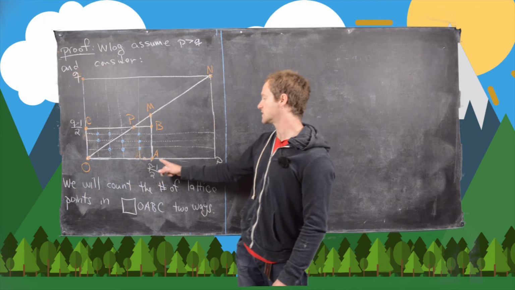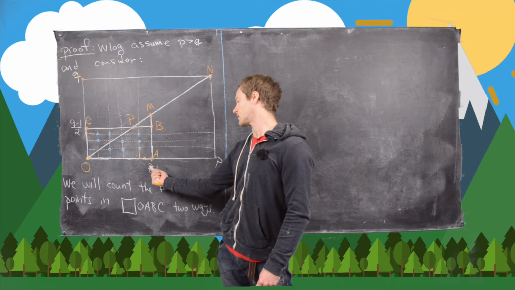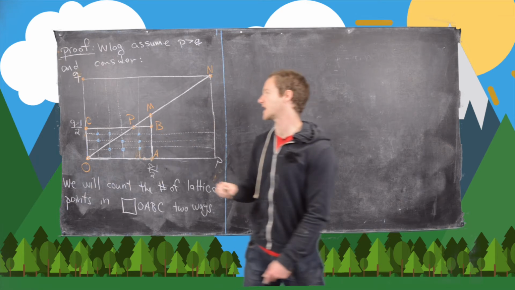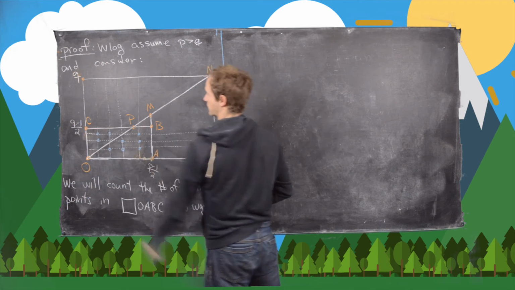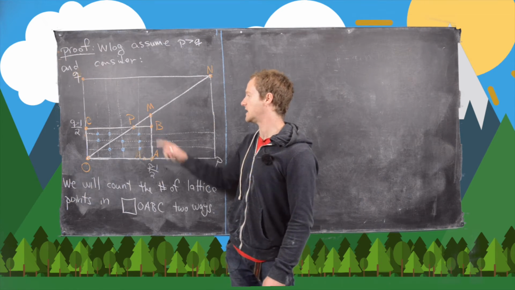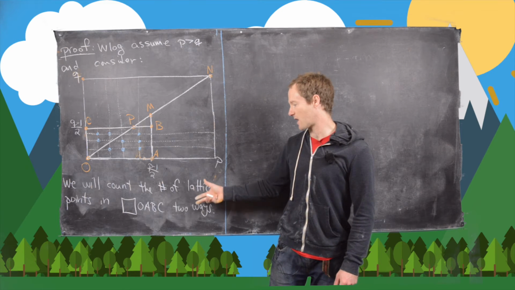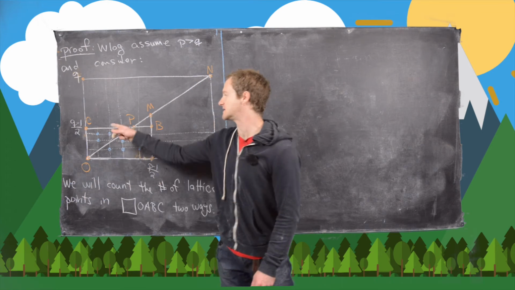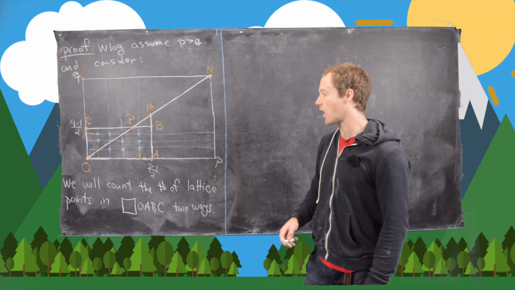Good. And then we also want a perpendicular line up from (p minus 1)/2 to intersect at this point M. Good. And then this perpendicular line out from (q minus 1)/2 is going to intersect here at P and here at B. Okay, good. And then our strategy will be to count the number of lattice points in this rectangle OABC two different ways. And we also don't want to count all of them.